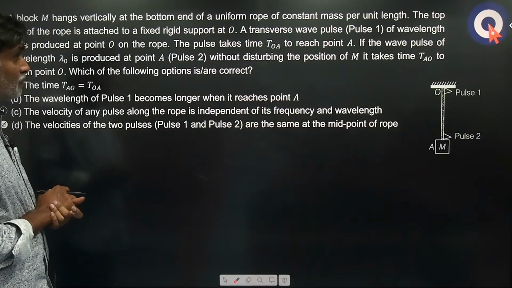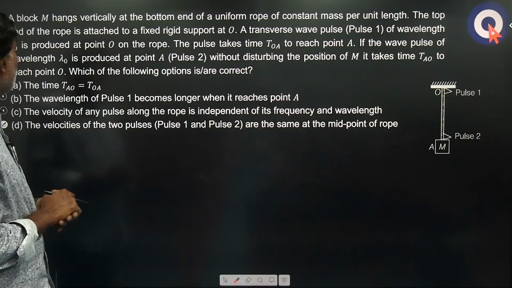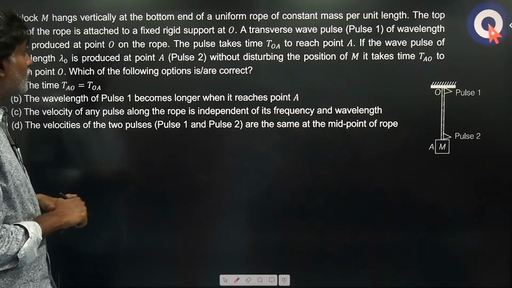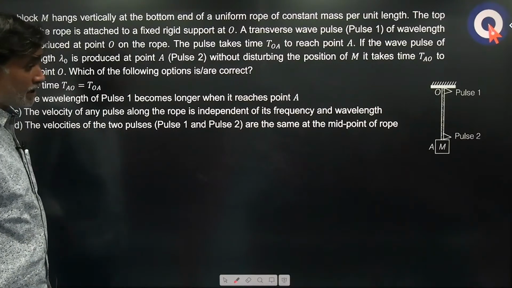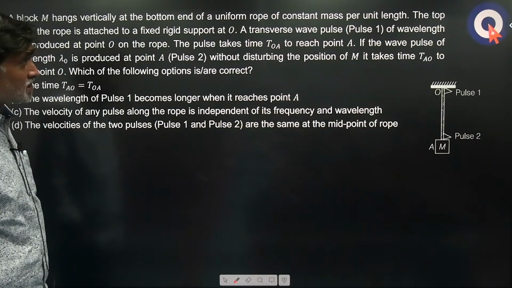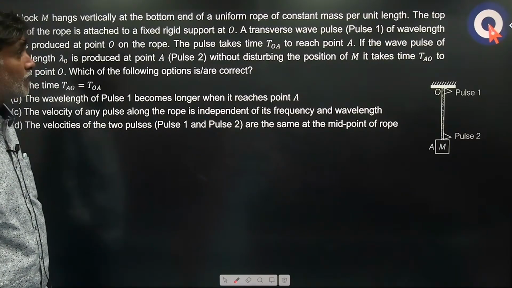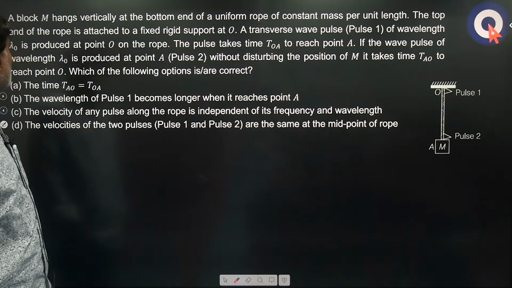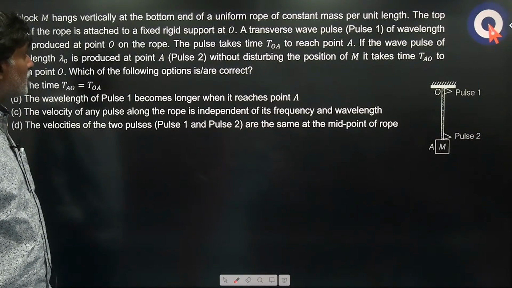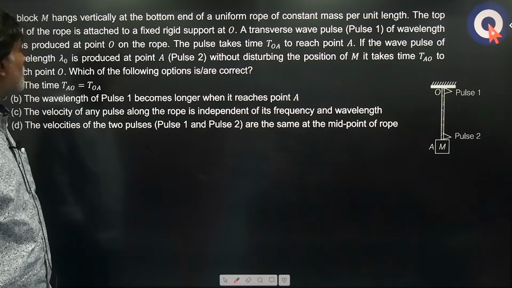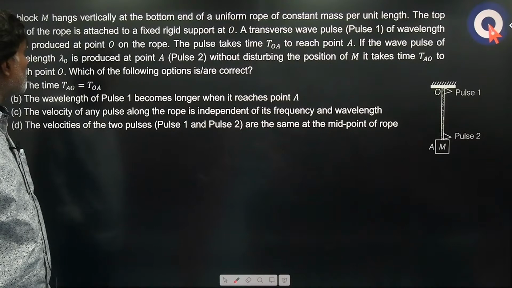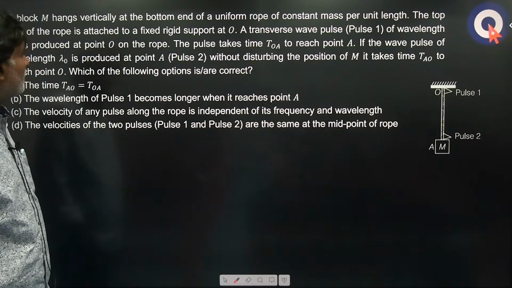This is a question from waves. A block of mass capital M hangs vertically at the bottom end of a uniform rope of constant mass per unit length, that is lambda is constant, or mu. The top end of the rope is attached to a fixed rigid support at O. A transverse wave pulse of wavelength lambda naught is produced at point O on the rope.